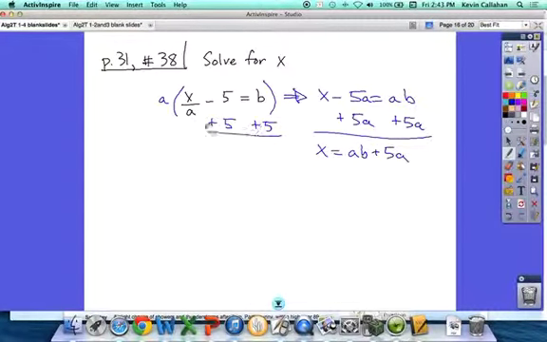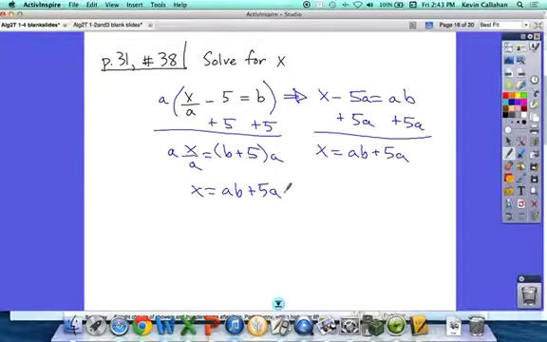Right, now we have x over a equals b plus 5, and then multiply times a. X equals ab plus 5a. It's the same thing. As long as you're careful about it, you'll get the same answer for both.